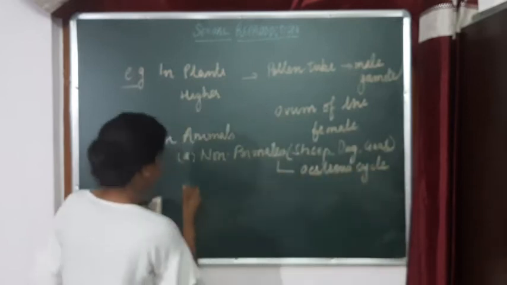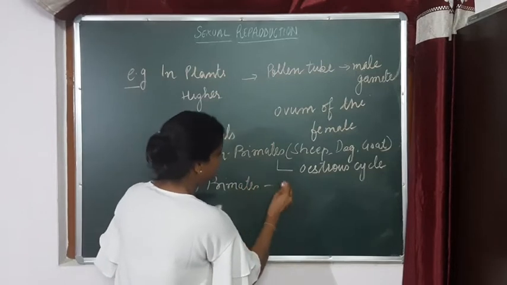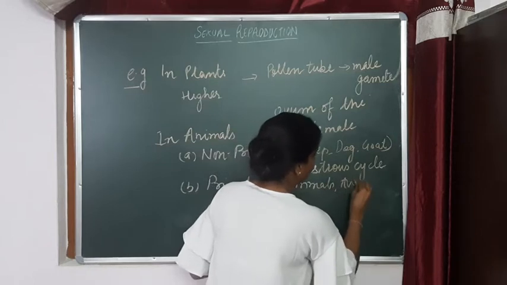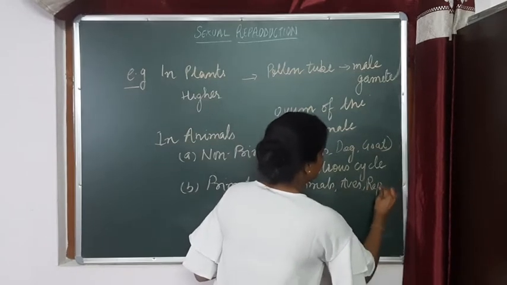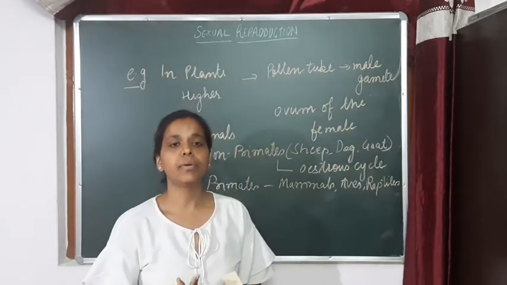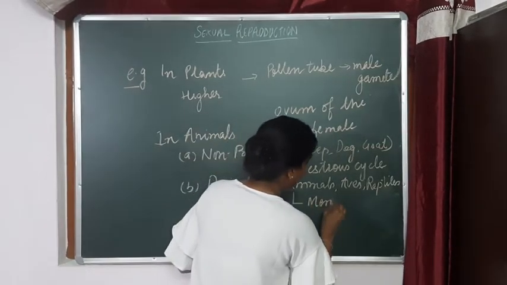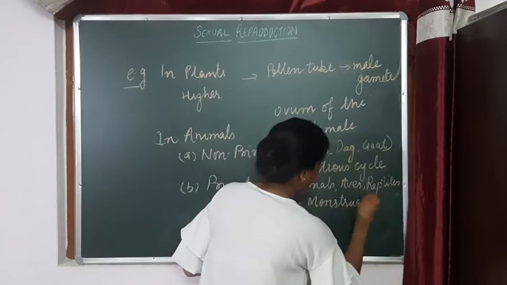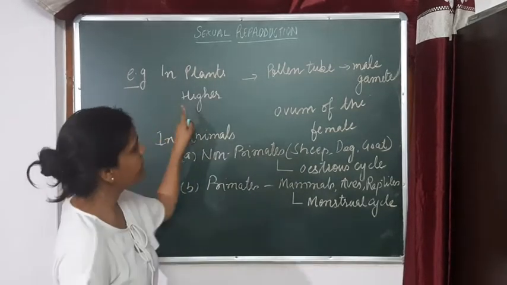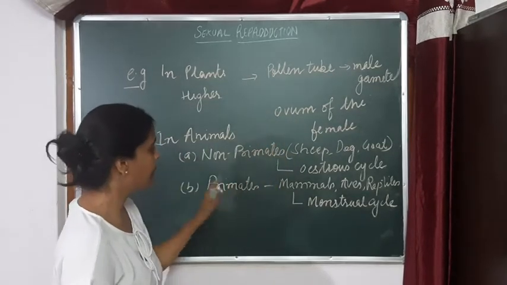Similarly, in primates, like the mammals, the humans, or apes, these all show again a cyclic process in their reproductive system, and that is called the menstrual cycle. So this was in higher plants, how the male gamete is fused with the female, and in some animals, non-primates and primates.